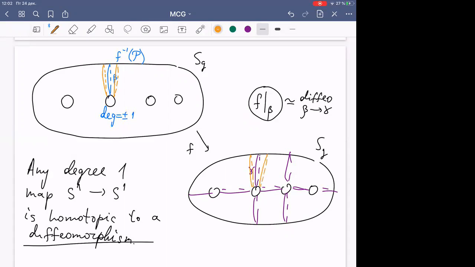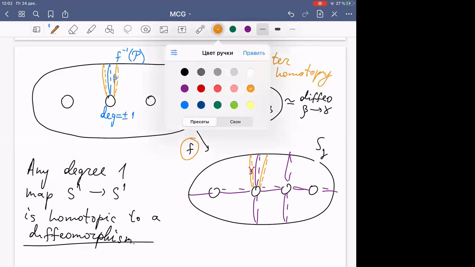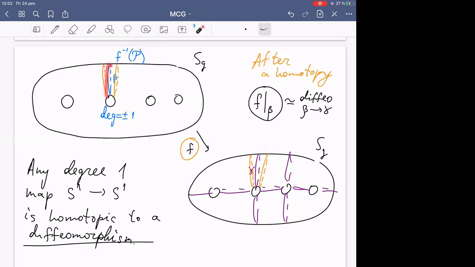So we may achieve, after a homotopy, that the mapping F is as follows. For each of the components in this preimage, it maps some regular neighborhood of this component diffeomorphically onto a regular neighborhood of one of the components gamma. So we may achieve this.